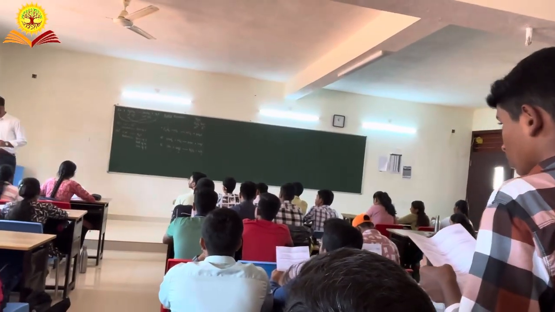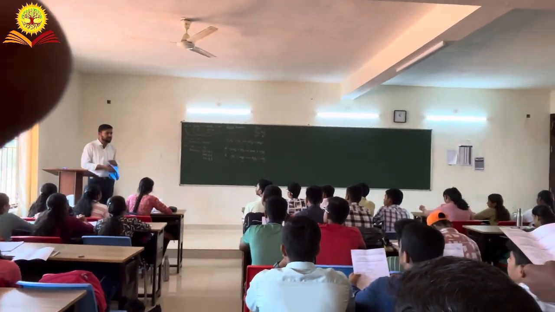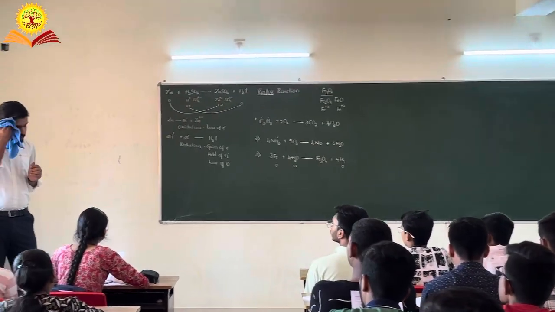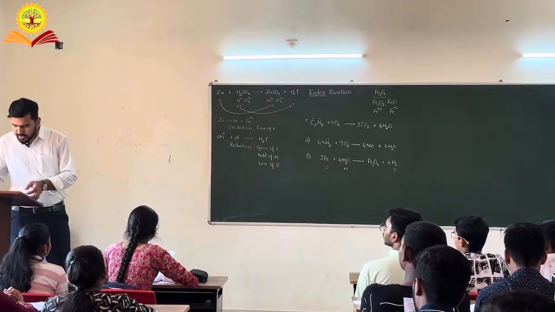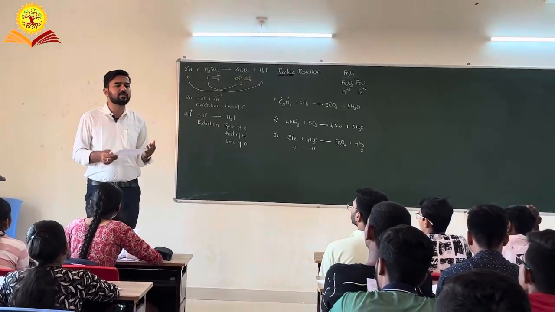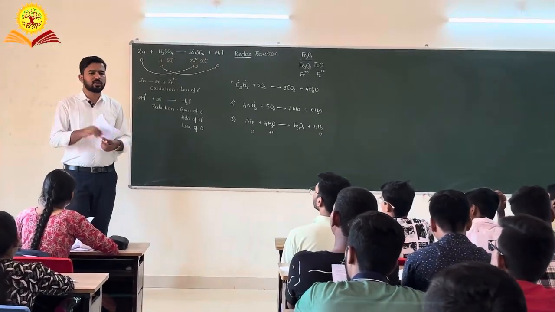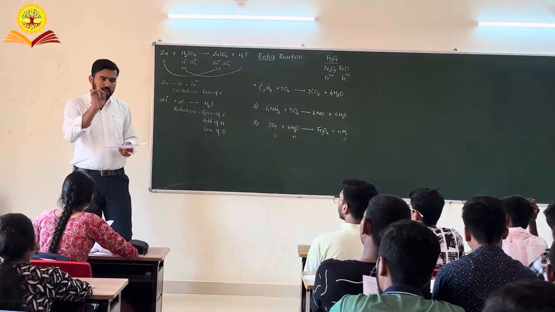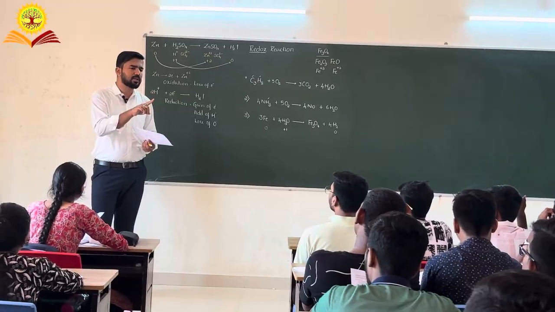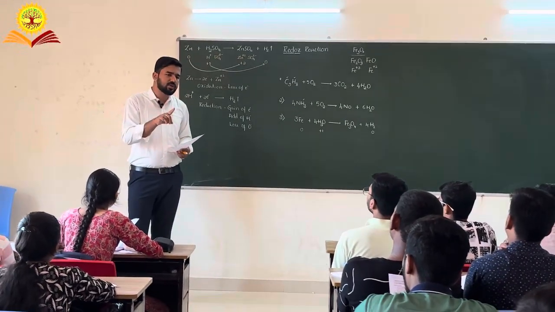An oxidizing agent is a chemical substance which helps in oxidation but itself undergoes reduction. Similarly, a reducing agent is a chemical which helps in reduction but itself undergoes oxidation.